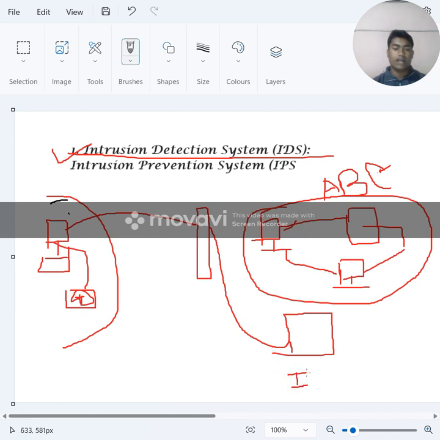At first it goes to the IDS. What does the IDS do? The IDS checks whether the packets have suspicious activities, such as a phishing link or malicious malware. If the IDS sees malicious activity, then this packet will go to the IPS, the intrusion prevention system.